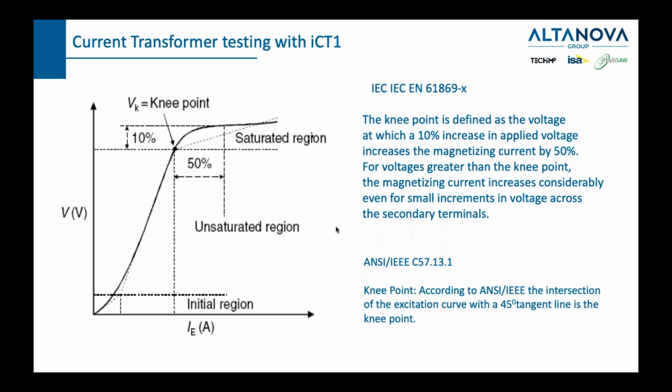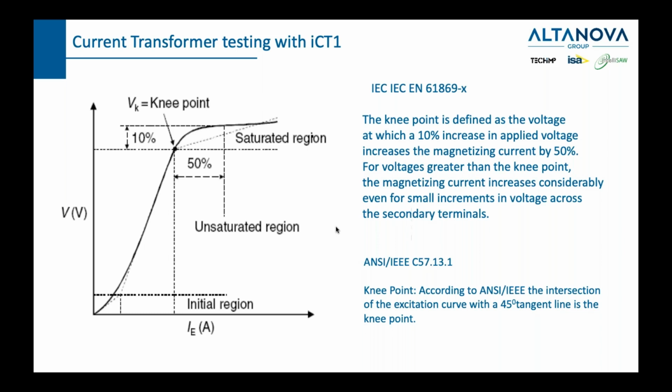So if we had a protective CT where up to 30 times nominal current it was possible to see a good ratio on the secondary side, if we have 40 times nominal current, the output will saturate. What I want to say by this is that if we go over the knee point, even if the current increases on the primary, it will not increase on the secondary, and we will not have correct information.